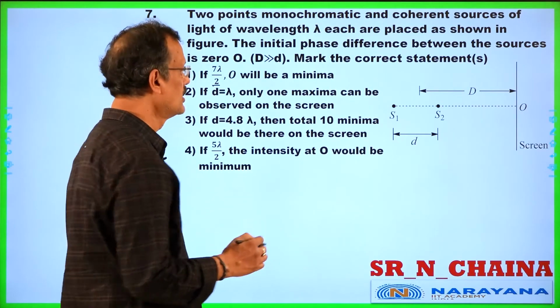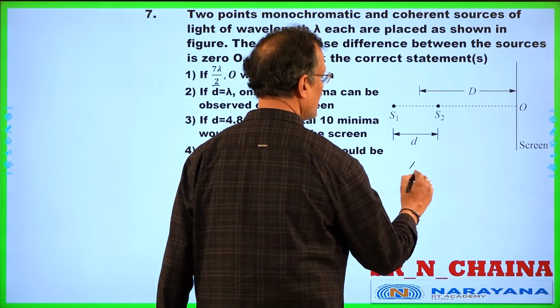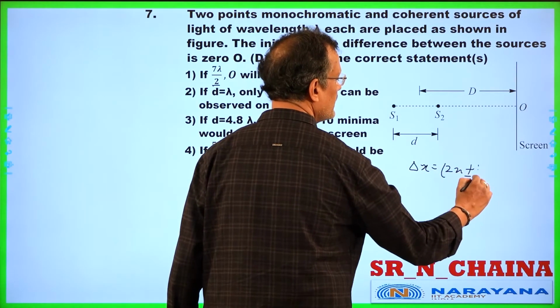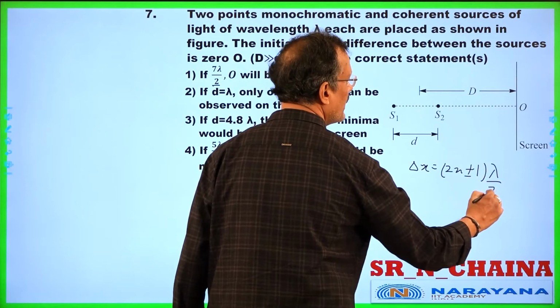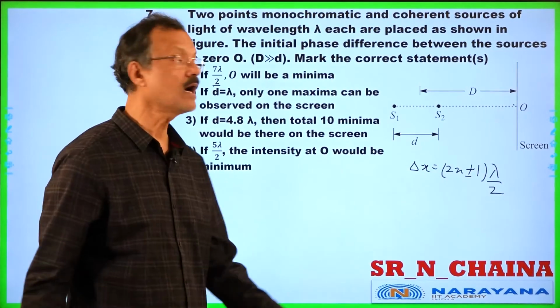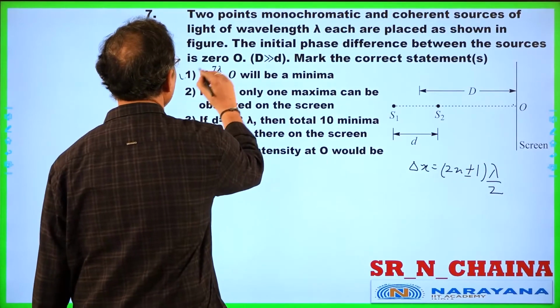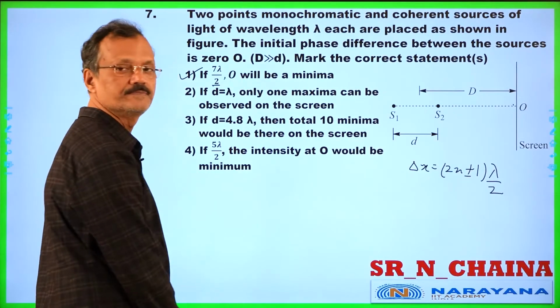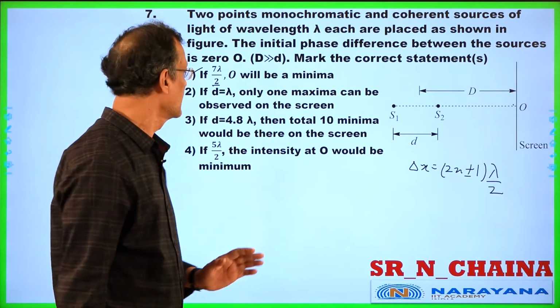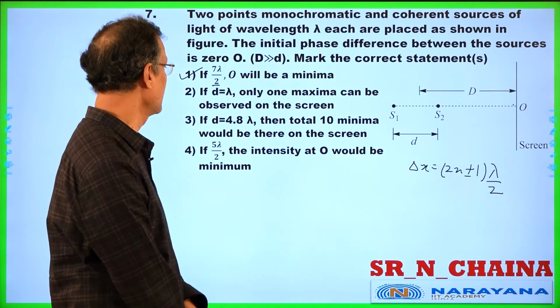It is in the form del x equals (2n plus minus 1) lambda by 2. At O, you will be getting minima. It means number 1 is, beta, 100% correct. Now go for the second alternate.